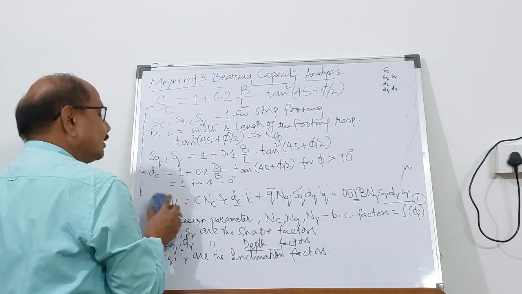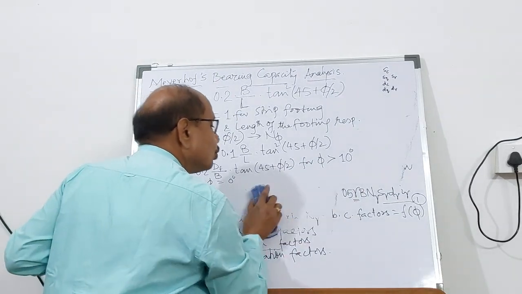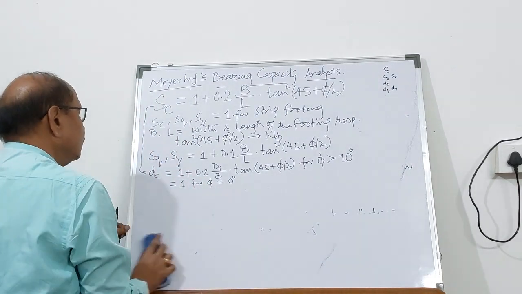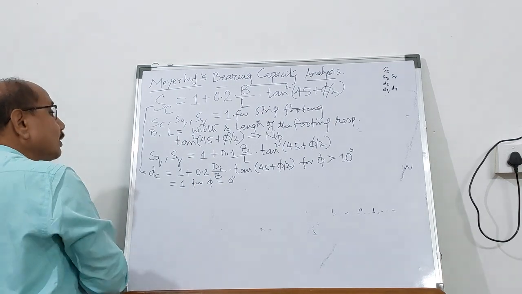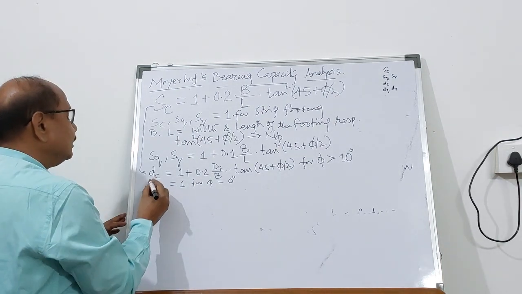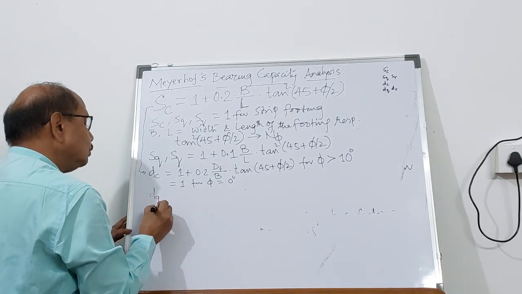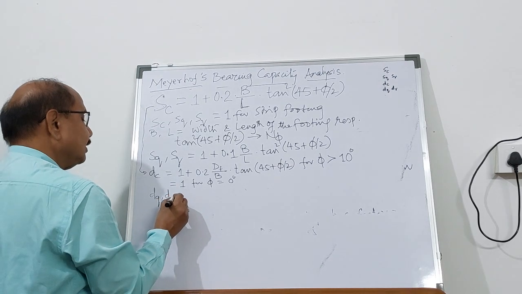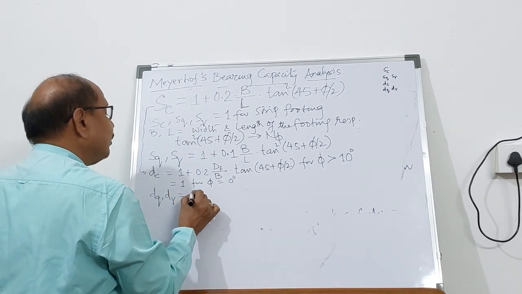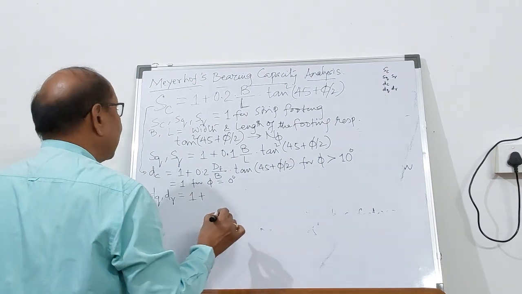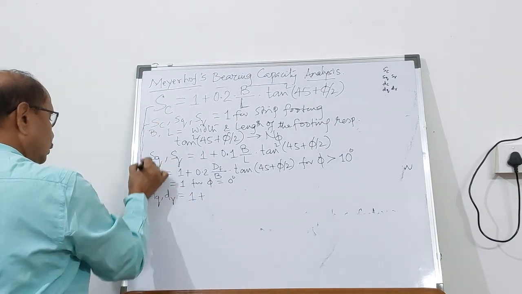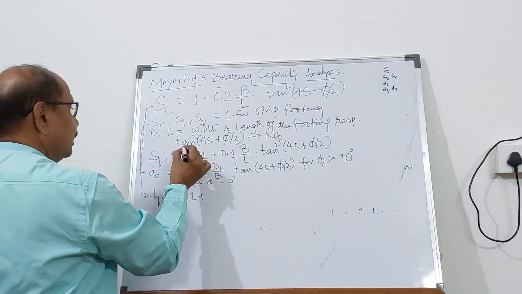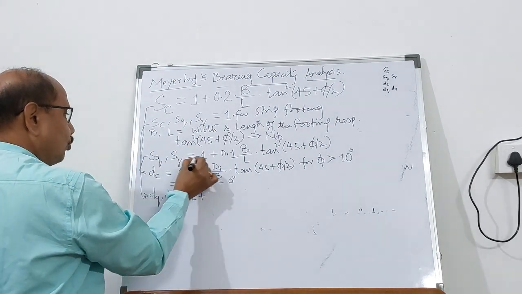Then the other depth factors should also be computed. The easy way to remember: the depth factors d q and d gamma will be given like s q and s gamma.